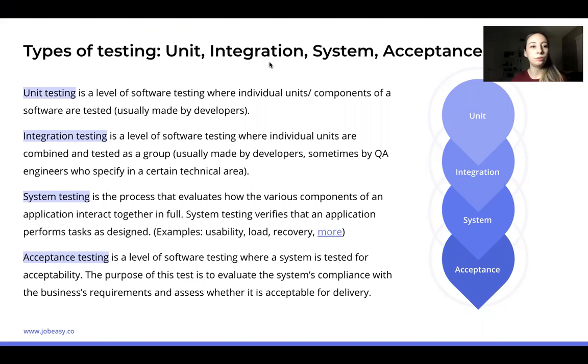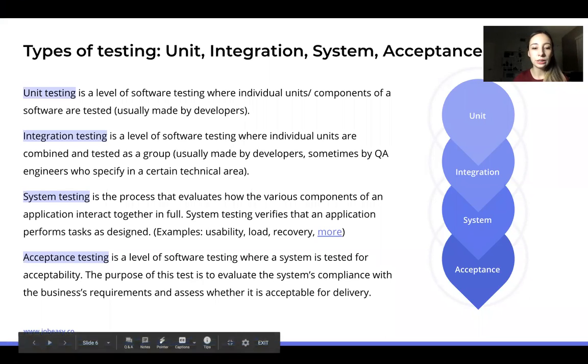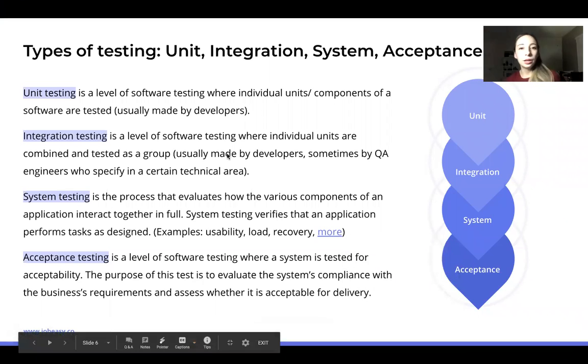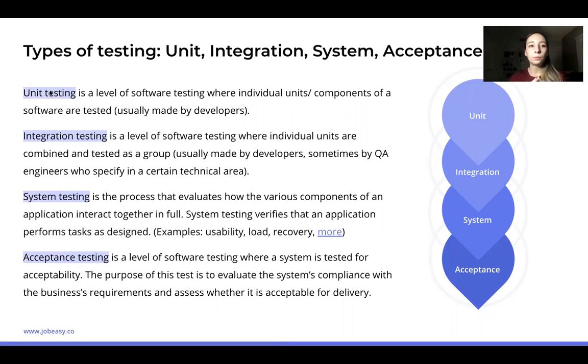All right. So let's move on and let's quickly talk about the next classification of testing, which separates our tests into unit, integration, system, and acceptance testing. So very quickly, unit testing is basically our lowest level of testing when we test individual components. And that is something that's usually done by developers.